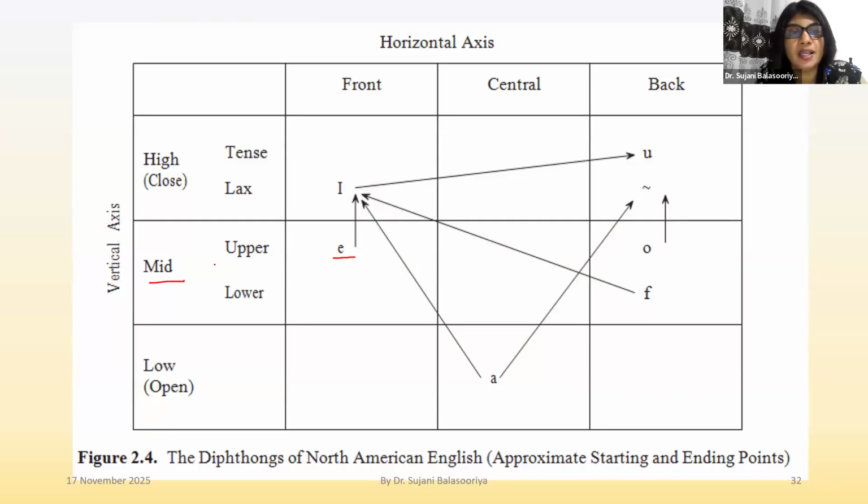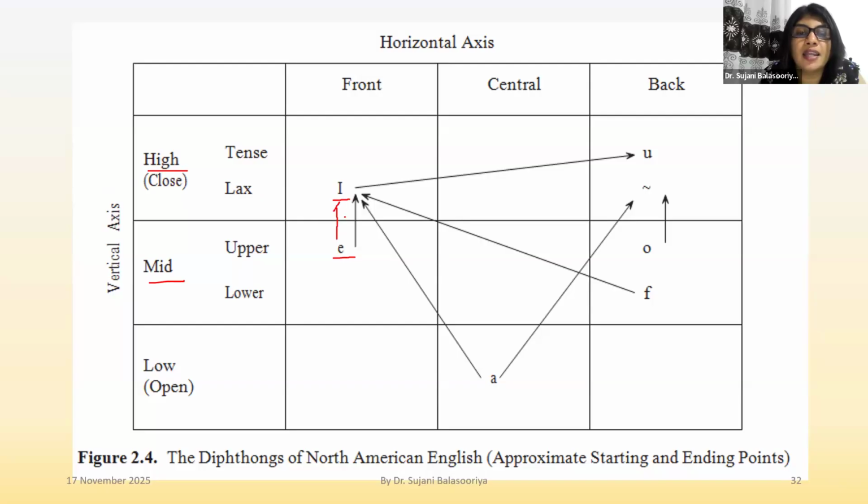So "e" is in a somewhat upper mid-level inside the mouth, the tongue. Then "i". The second vowel is "i". So the tongue glides from the mid-level to which level? High level. The tongue gliding takes place from the mid-level to the high level. When you say "ei", that's what you mean by tongue gliding.